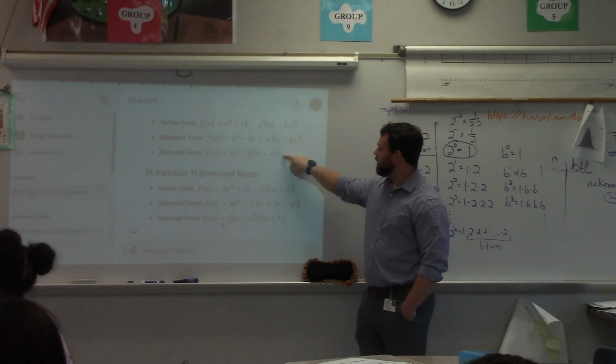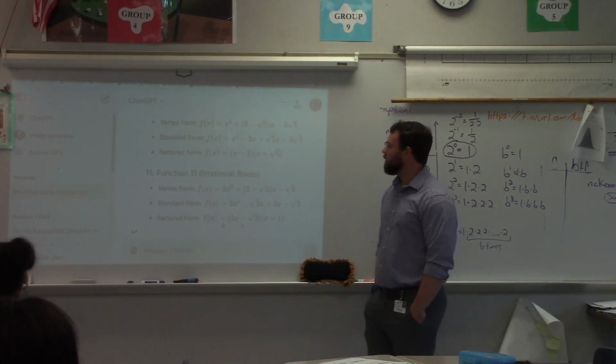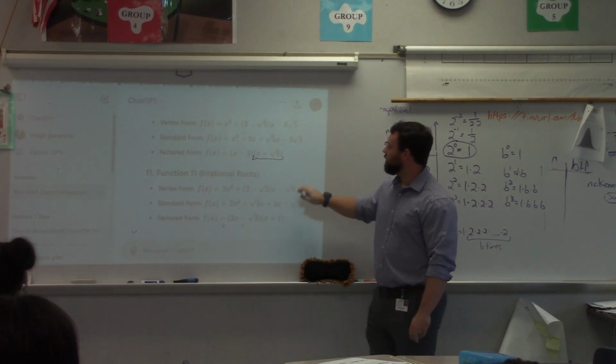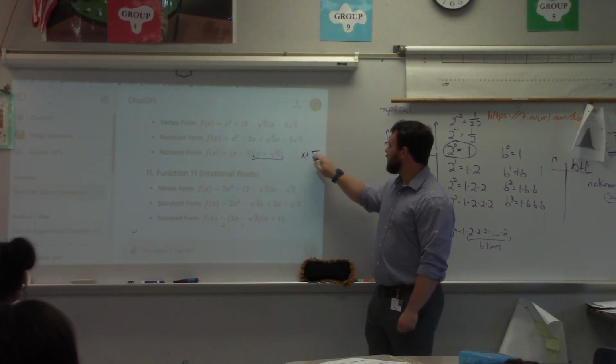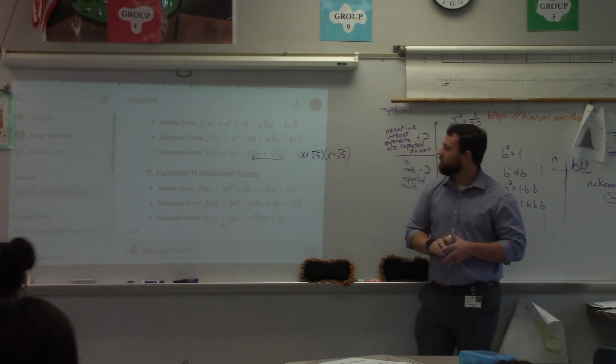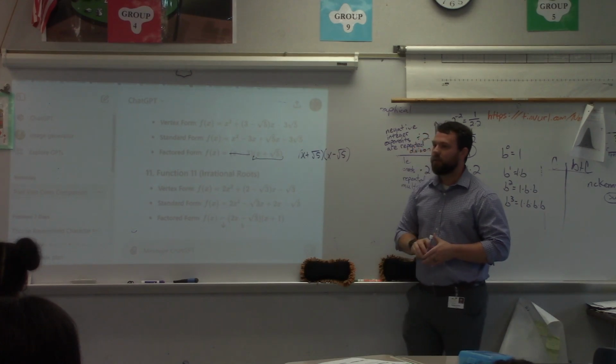Right here, this function cannot exist. It would not work. Because what ChatGPT failed to recognize is that if this is one factor, this has to be the other factor. And so please be aware, it's machine learning. It can make mistakes. It can learn and grow from it, though.